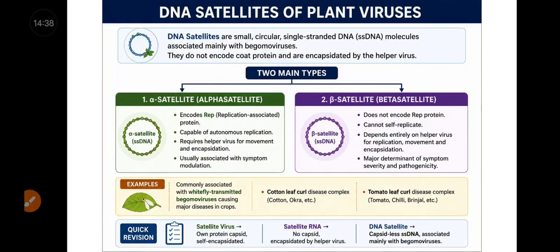And DNA satellite, generally two types are there, alpha satellite and beta satellite. Alpha satellite can perform its replication autonomously, whereas beta satellite depends wholly on the helper virus for replication, movement and encapsulation. So this is about the satellite agents.